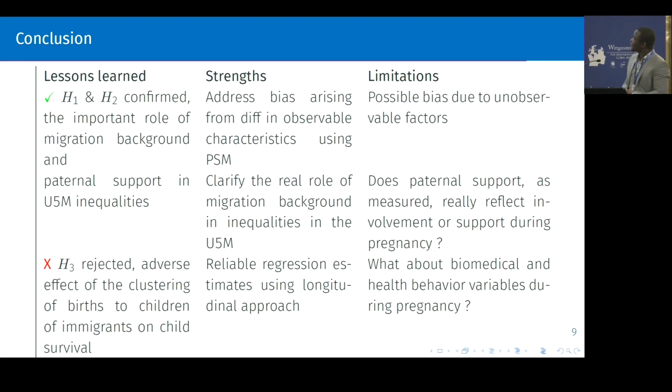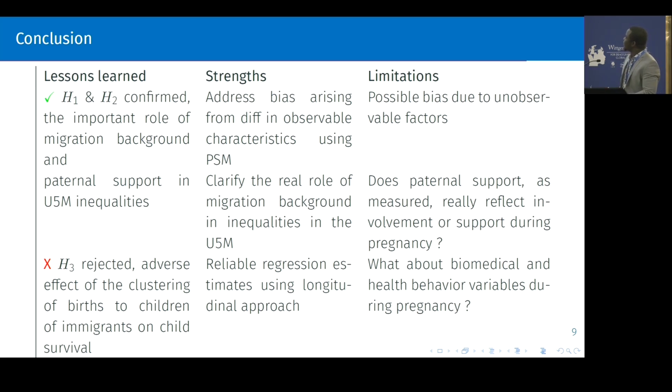The first one is it allows to address bias arising from differences in observed characteristics using the propensity score method and clarify the real role of migration background in inequalities in the under-5 mortality. And finally, it allowed to have reliable regression estimates using a longitudinal approach.